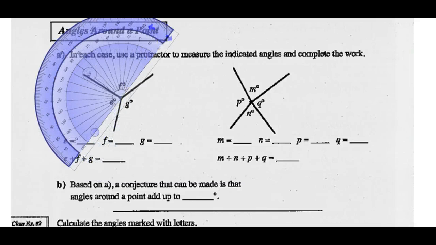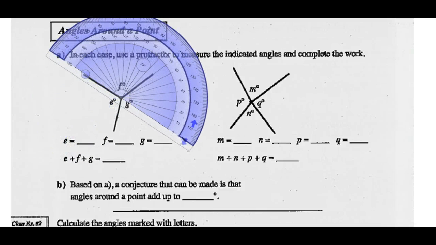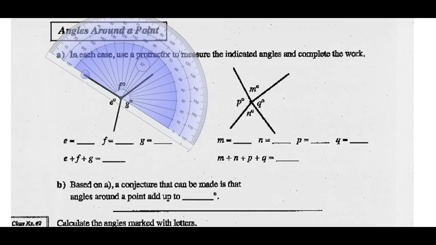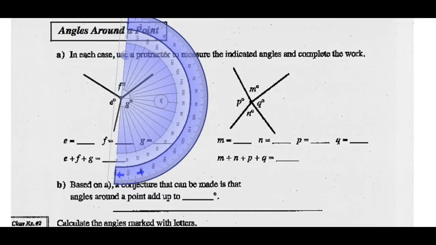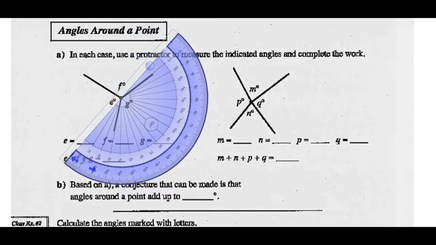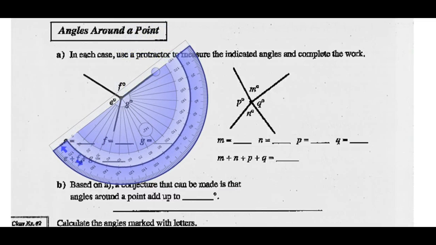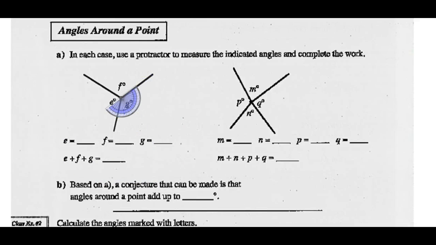Angle F seems to be from 0 to 110. And angle G seems to be from 0 to 140. All right. So E is 110, F was 110, G is 140.